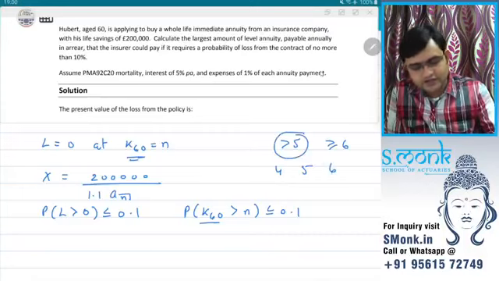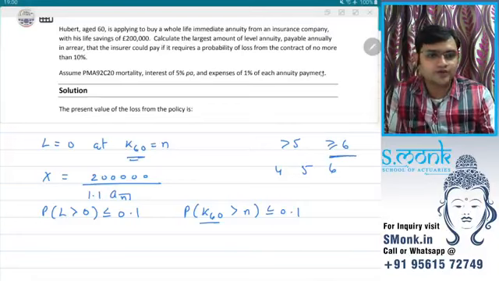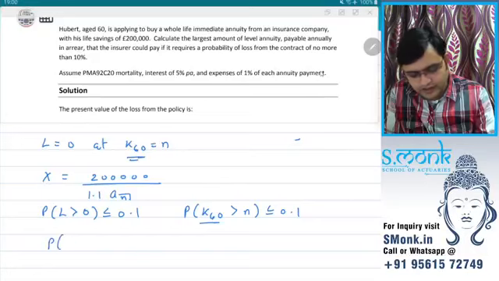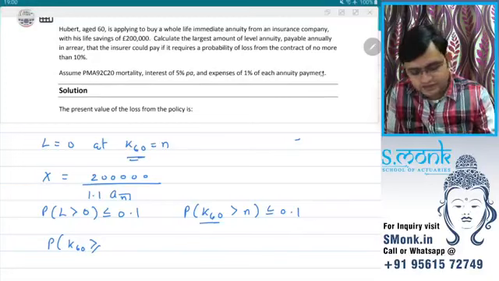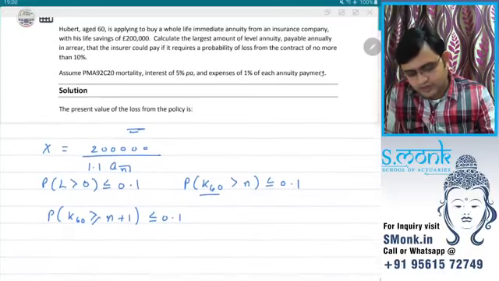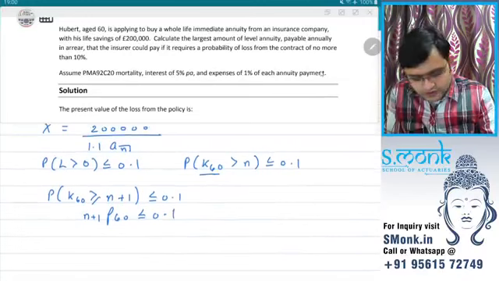So when I say greater than 5, that does not include 5, so it includes 6 and more values. Similarly, if I want to make it into probability K60 greater than or equal to, because that is what our npx formula is, I will have n plus 1 p60 less than or equal to 0.1.